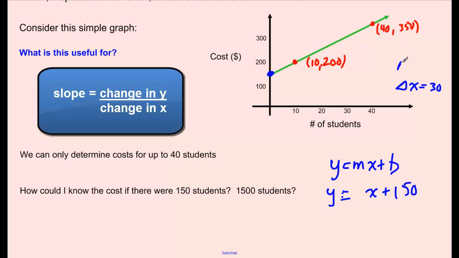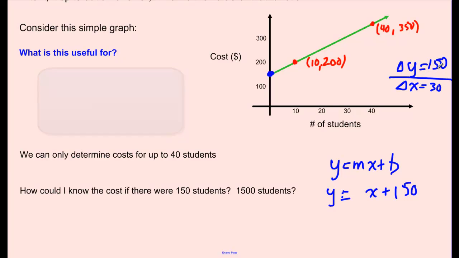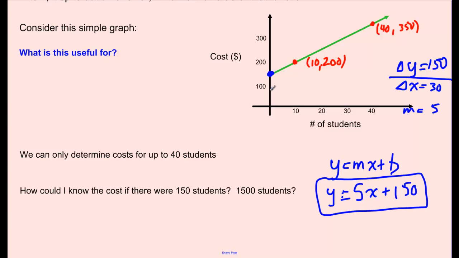The change in y went from 200 to 350, or 150. If I divide 150 by 30, my slope is equal to 5. So I get the equation y equals 5x plus 150. This is the equation that will work for this linear function.